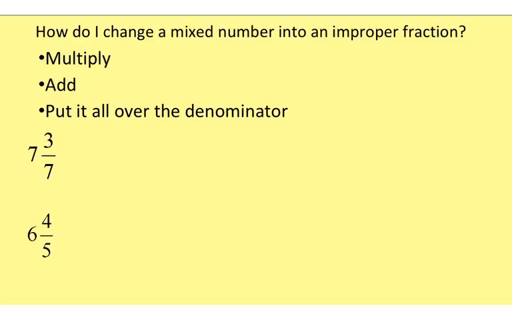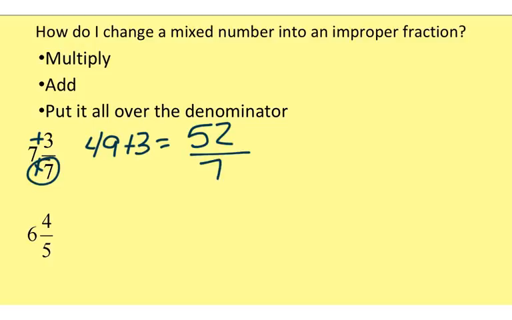Now, vice versa, you need to be able to turn a mixed number into an improper fraction in order to multiply and divide. So, remembering how to do that, the first thing you do is you multiply the whole number and the denominator, and then you add that number plus the numerator and put it over the denominator. So 7 times 7 is 49 plus 3 is 52, and then we put it over our denominator, which is 7.